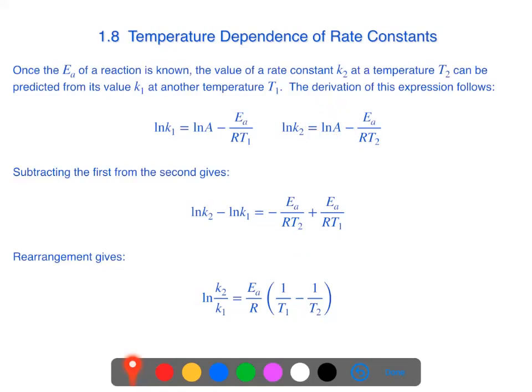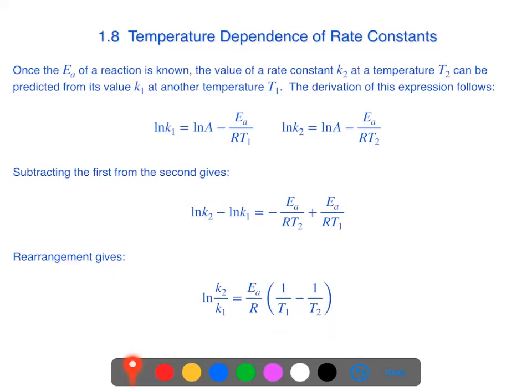With a little bit of rearrangement, primarily taking the activation energy and the molar gas constant out in front, we're left with this expression, where the natural logarithm of the ratio of the rate constants is equal to EA over R, and then in brackets we have a difference between the two temperatures, 1 over T1 minus 1 over T2.